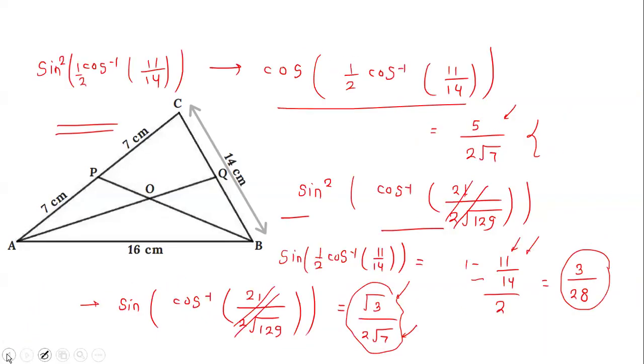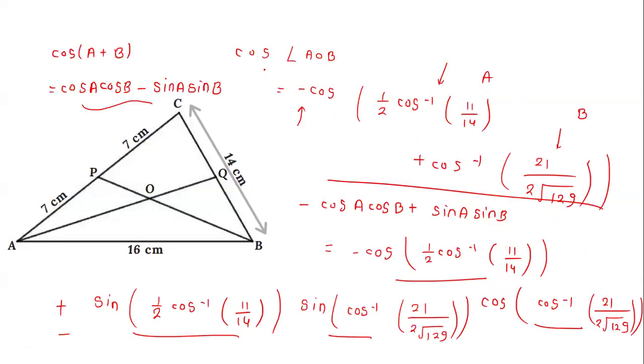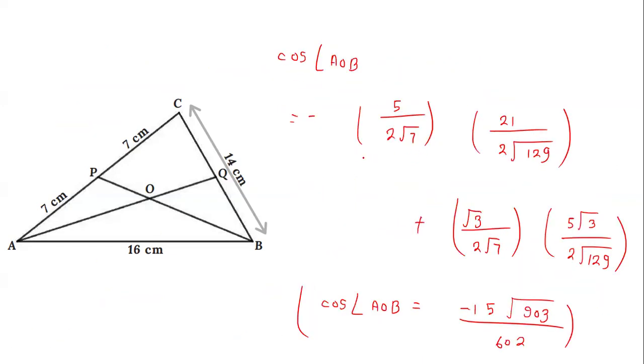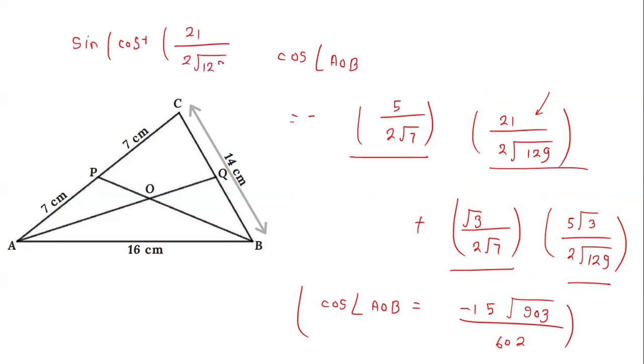So now we have to calculate the cos of this angle. We know cos of this and sine of this also, so these both things we know. Cos of cos inverse of this is simply this term, and there is one remaining thing, which is sine of cos inverse of 21 by 2 root of 129.